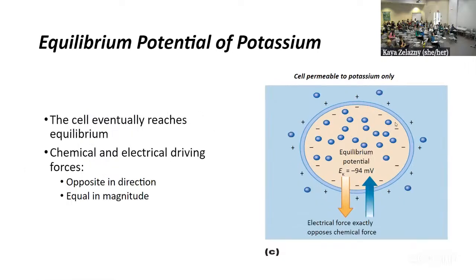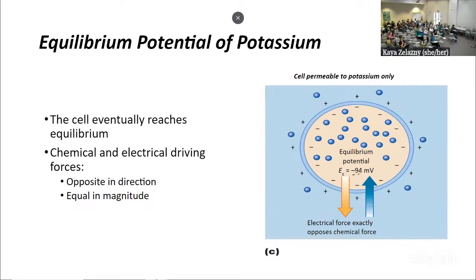Okay. Cool. So if we got all the way to -94, right, that's a very negative number. That very negative number would be increasing our electrical driving force so much that at that point, we wouldn't have enough of a chemical driving force to keep pulling potassium out of the cell.